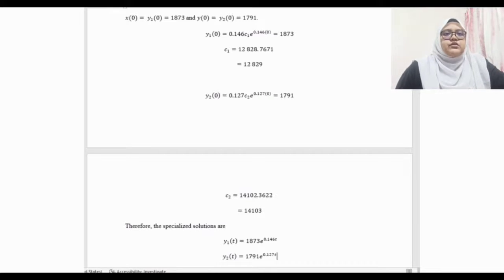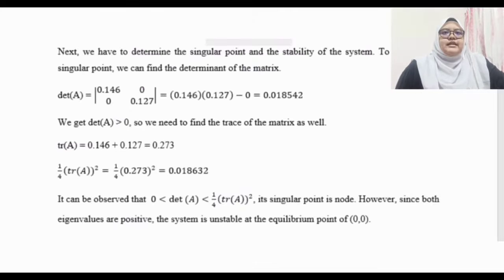Therefore, the specialized solutions for this system are y1(t) equal to 1873 exponent 0.146t and y2(t) equal to 1791 exponent 0.127t.